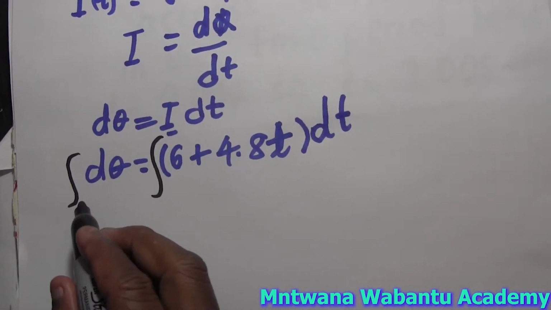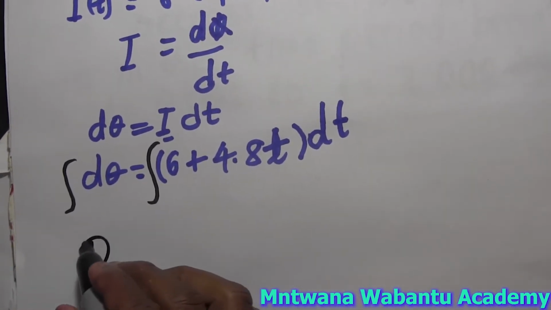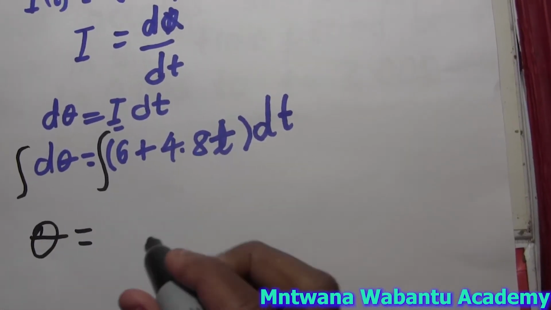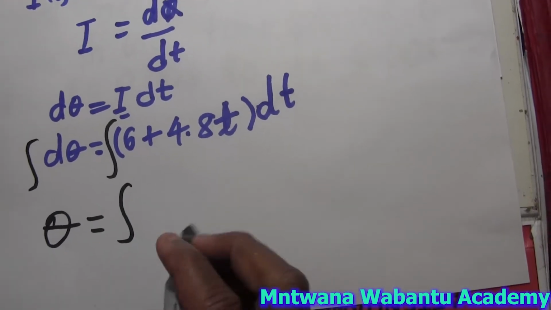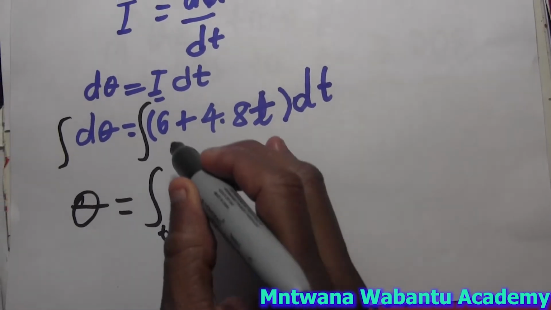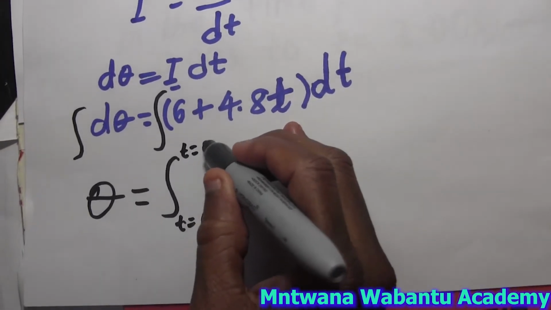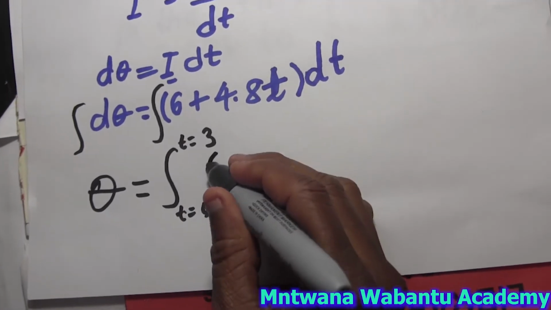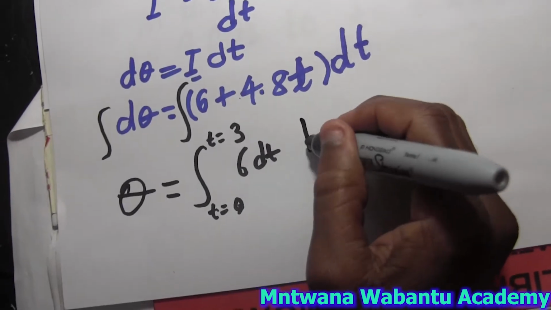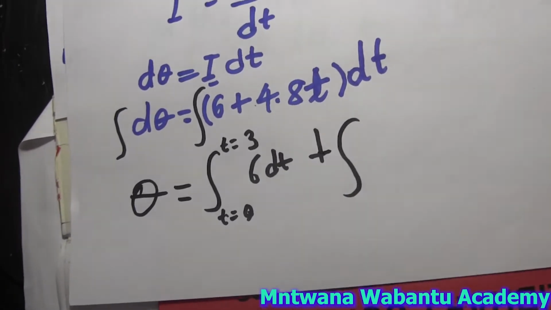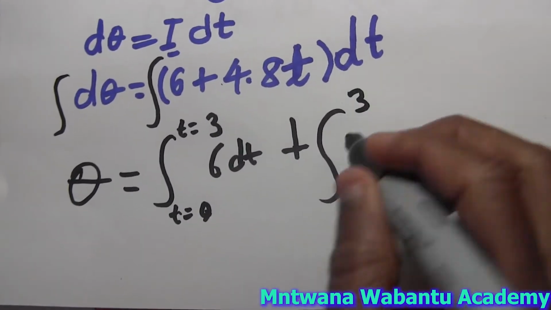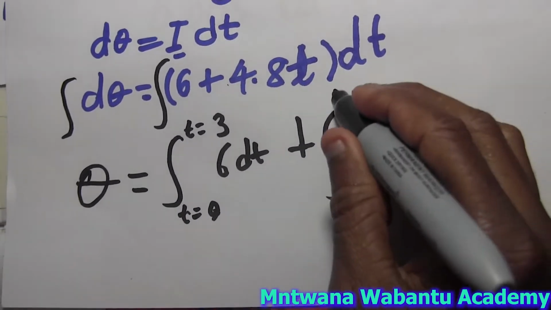Remember, they say the time starts from 0 to 3. When you integrate dq, you get q. This is the integral rule. Then we can separate. Our time goes from t equal to 0 to t equal to 3.